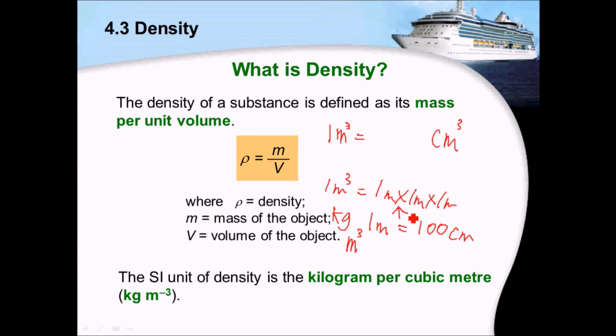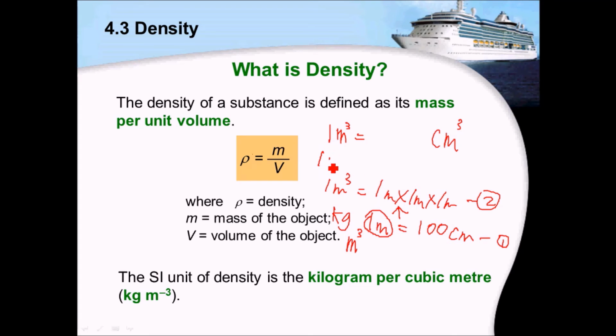So if it's 1 meter times 1 meter times 1 meter, and you know that 1 meter is equal to 100 cm, now I sub this into this. So I'm subbing each 1 meter with 100 cm.